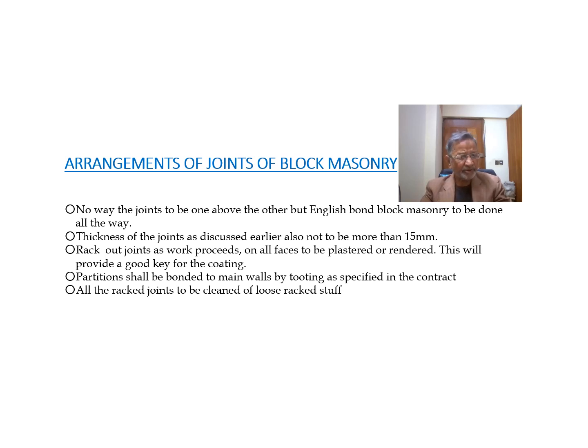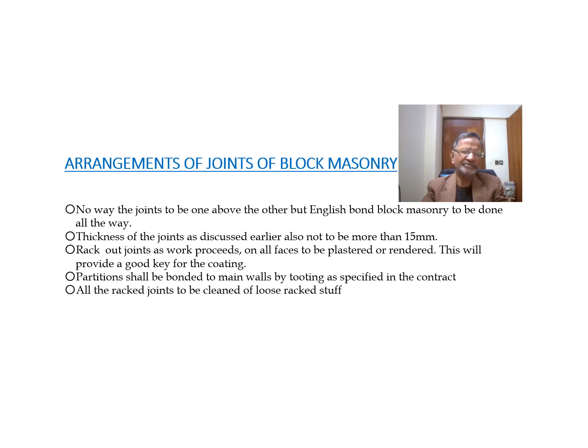There should be no joint one above the other because it's risky and cracks can develop in vertical joints if they are one above the other. So we cannot tolerate this. And English bond of the block is necessary so that there should not be any vertical joint.